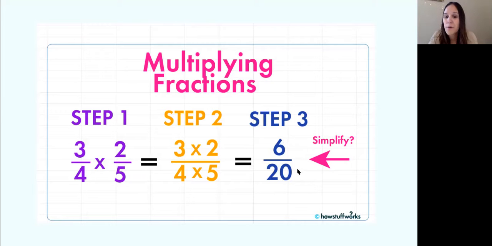Now we know that these are both even numbers, right? 6 and 20. So certainly they can both be divided by 2. 6 divided by 2 would be 3. And 20 divided by 2 would be 10. So we could simplify this fraction down to 3/10.